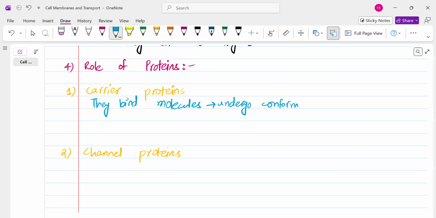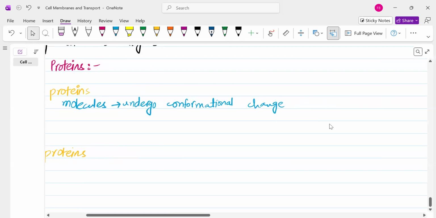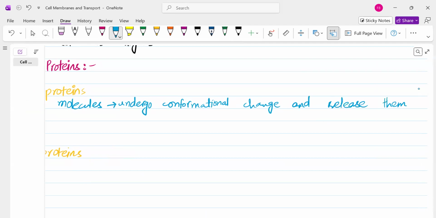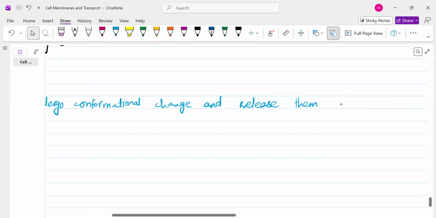They change the shape of the carrier protein to transport the substances across the membrane and release them in the cell.